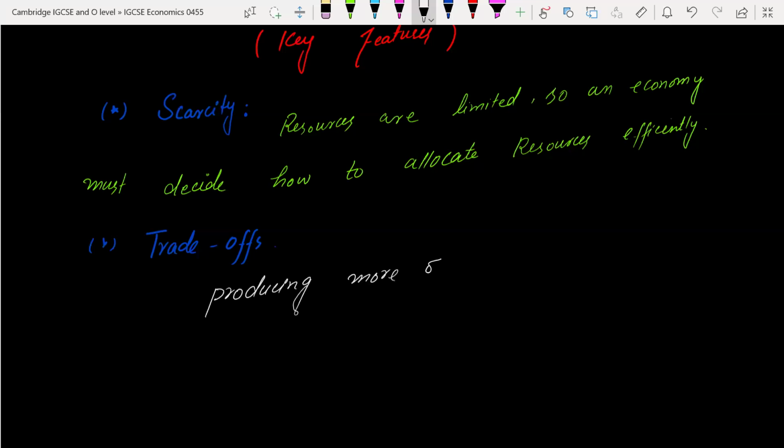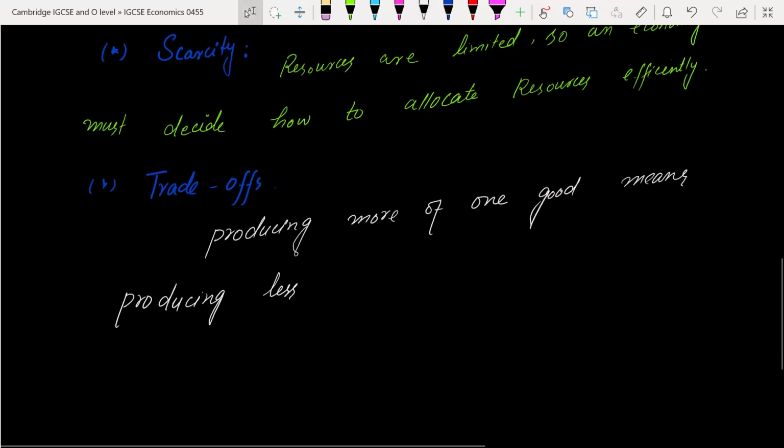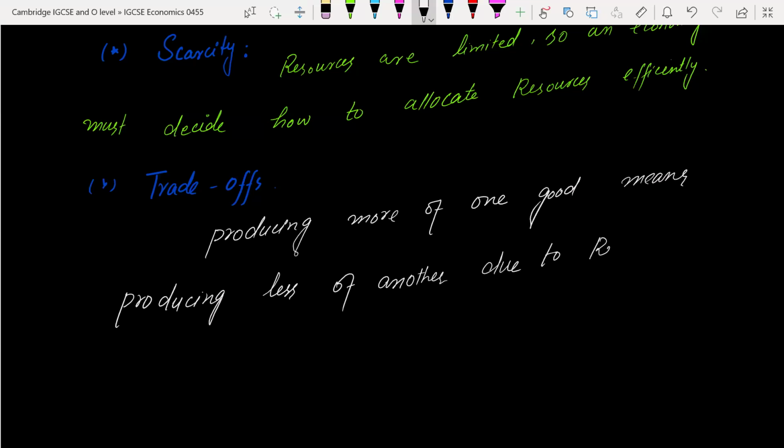Producing more of one good means producing less of another due to resource constraints.